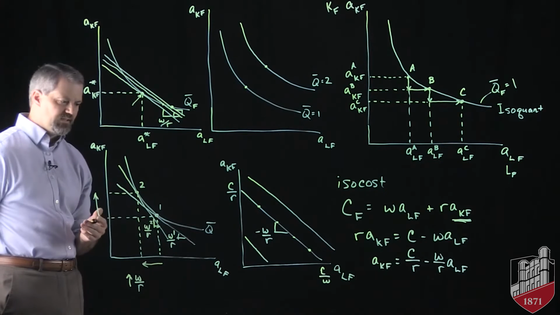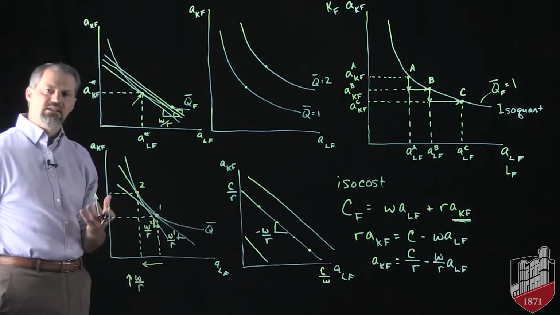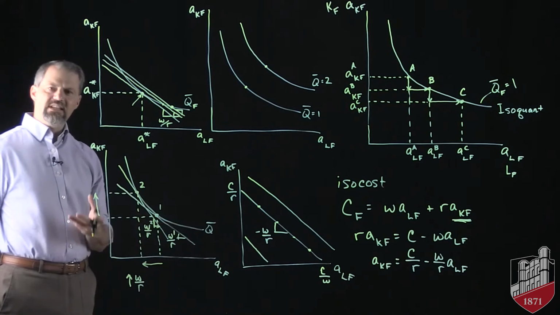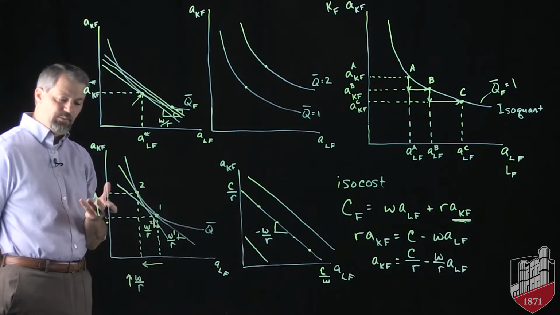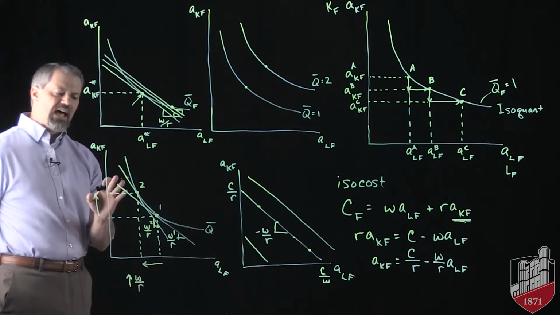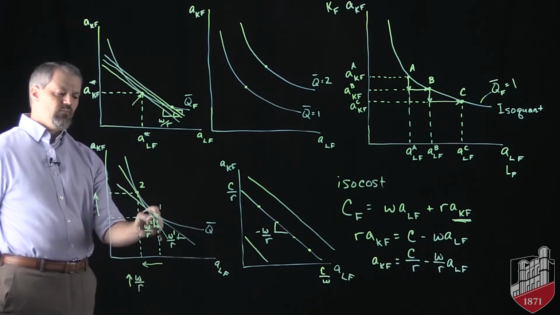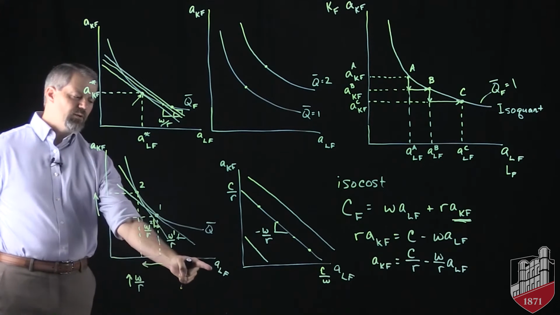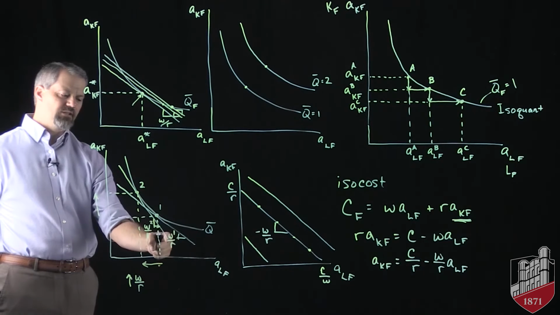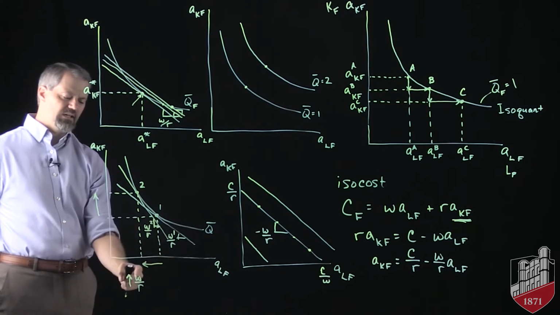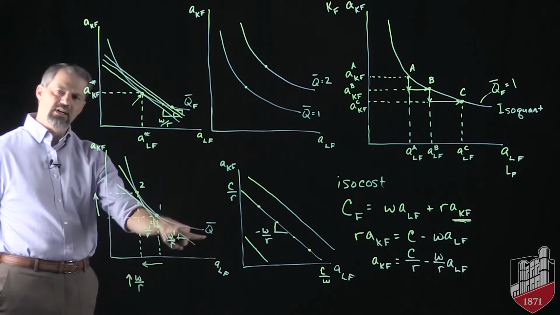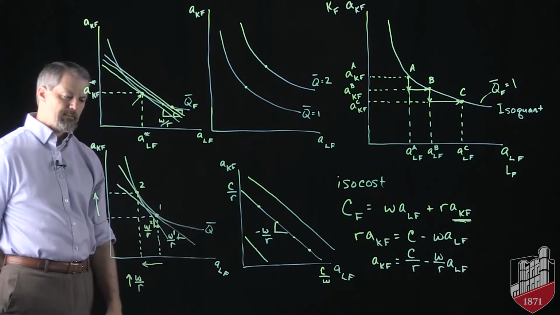Not surprisingly, labor has become relatively expensive, so we would substitute away from labor towards the input that's becoming relatively cheaper, which in this example is capital. So now we understand how the optimal amount of labor and capital is influenced by the relative wage. If the relative wage were to go down, we would substitute towards labor and away from capital.